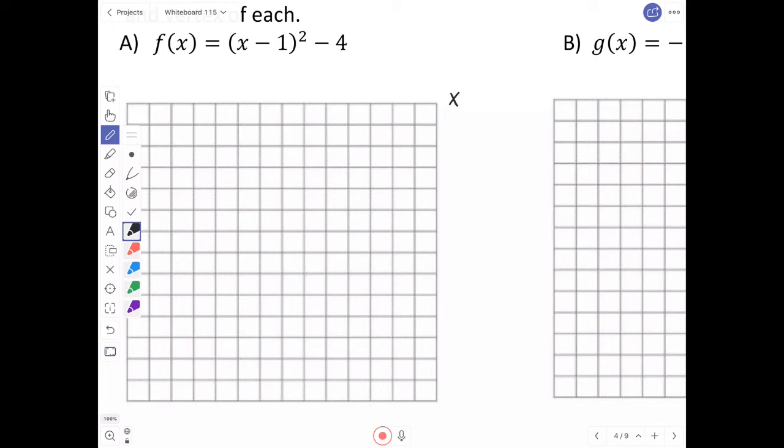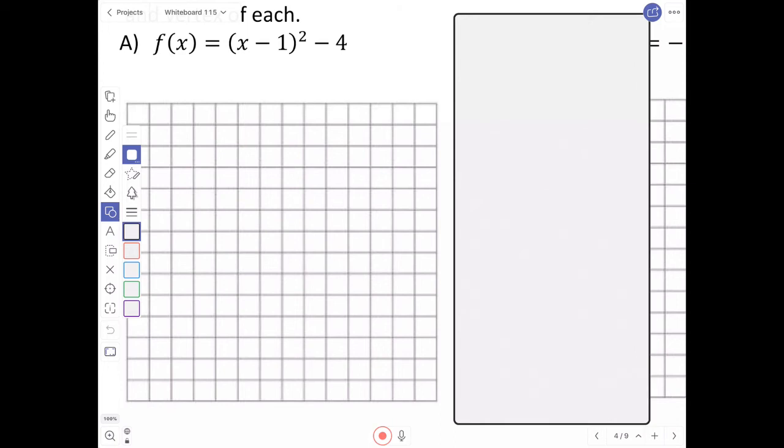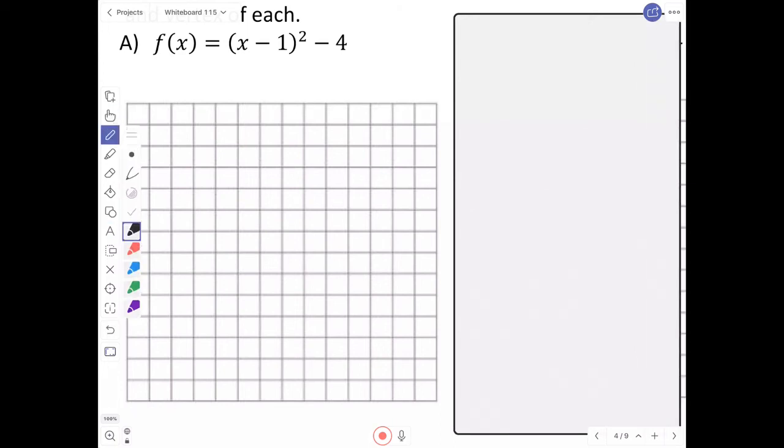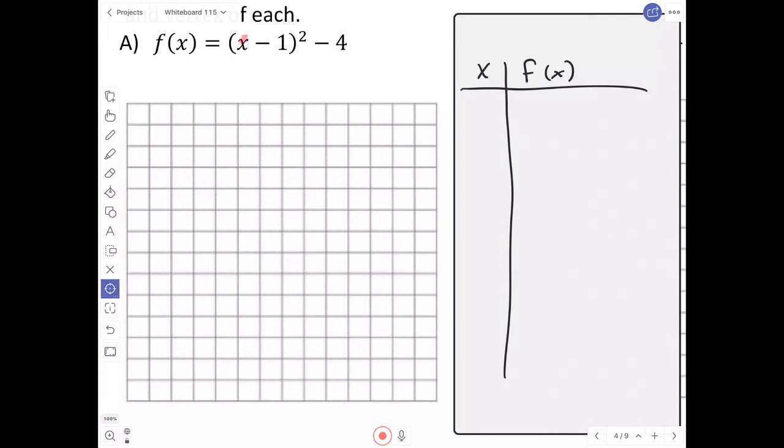Let's make some more workspace. And go x, f of x. And I'm noticing that in order to make the squared term be 0, I should use 1.